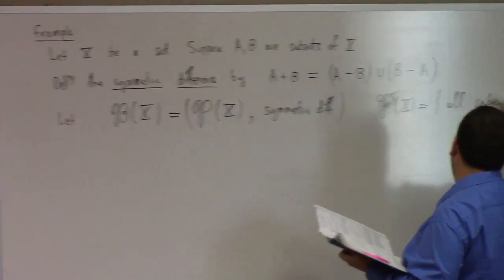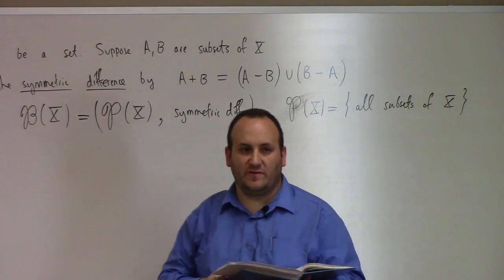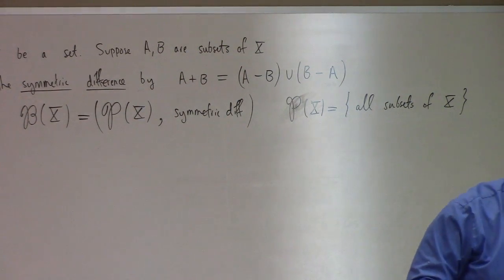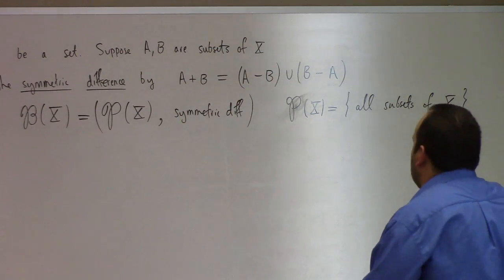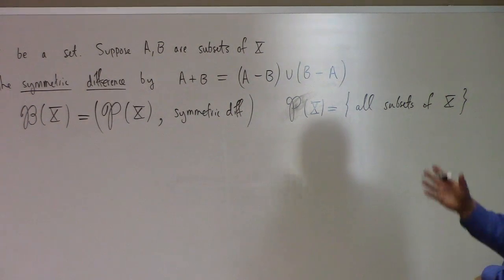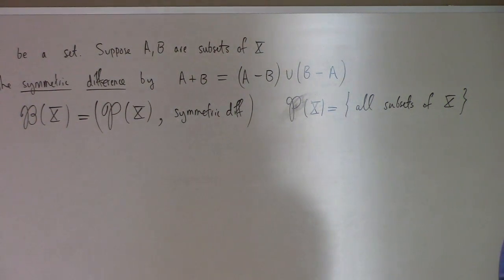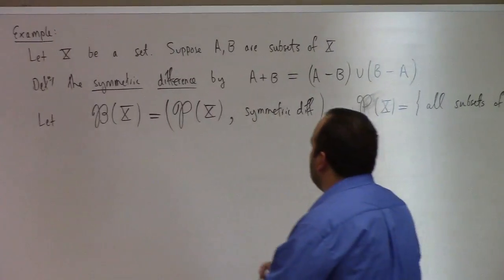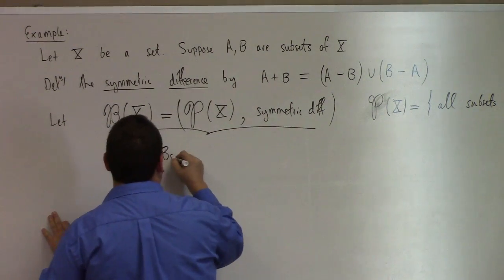All subsets of X, right? The set of all subsets of X is the so-called power set of X. So I'm claiming that if you take two subsets of X, you can add them by this symmetric difference operation, and it gives you a group operation. This is the so-called Boolean group.